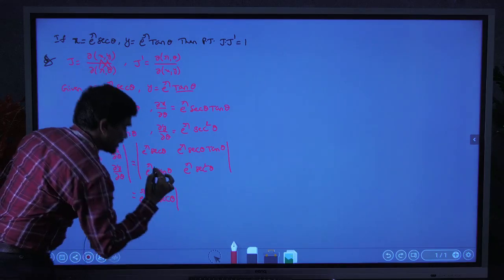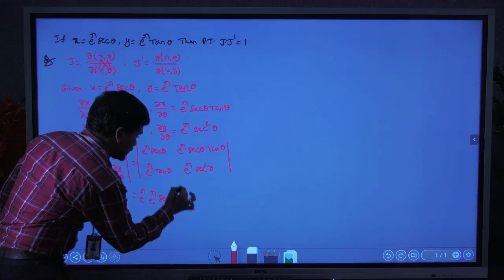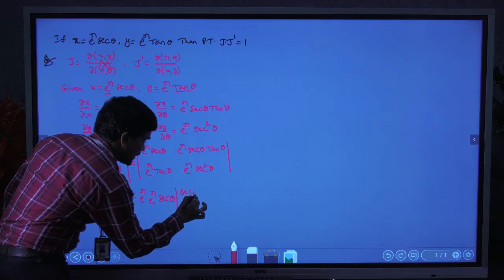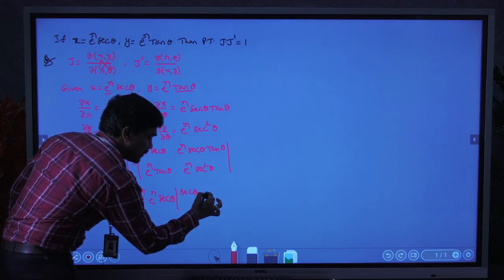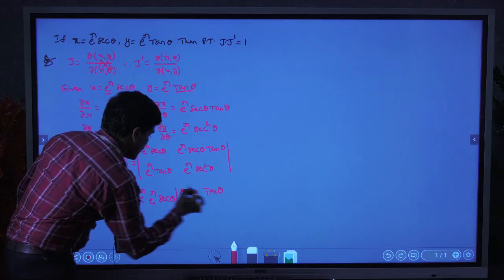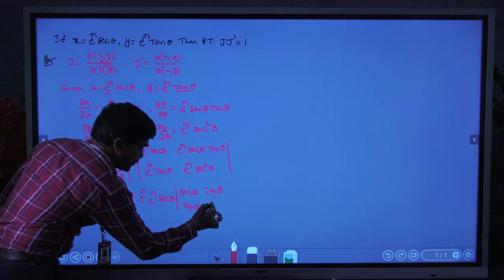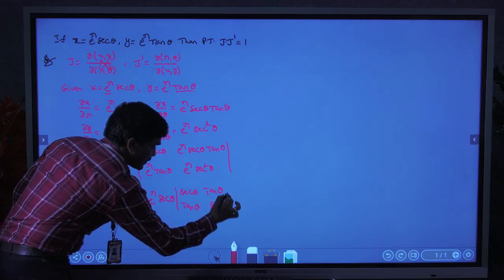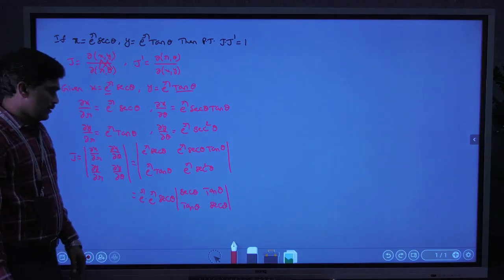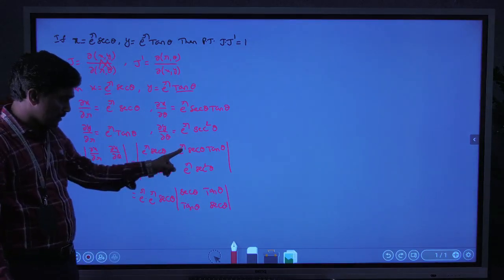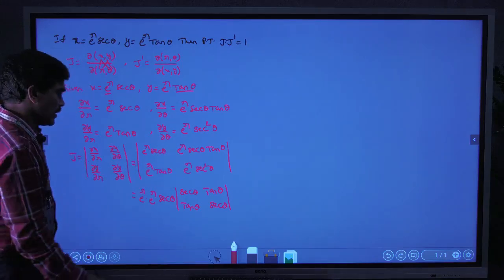So then write the determinant. What is here? e^r common, then we get only sec θ. Here e^r sec θ common, tan θ. Now here e^r common, tan θ into sec θ, right? e^r common, here e^r sec θ common.